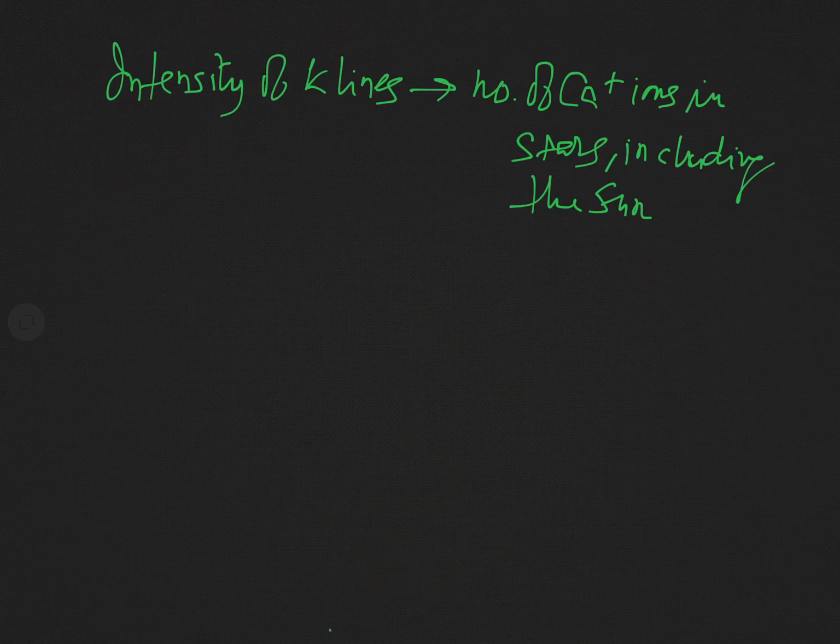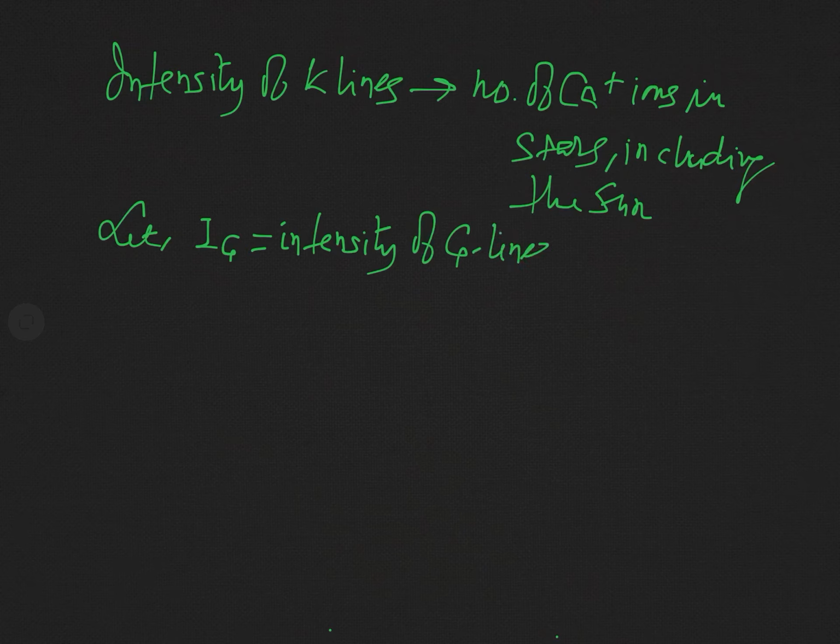Let us consider. Let Ig equal to intensity of G lines and Ik equal to intensity of K lines. We assume it.